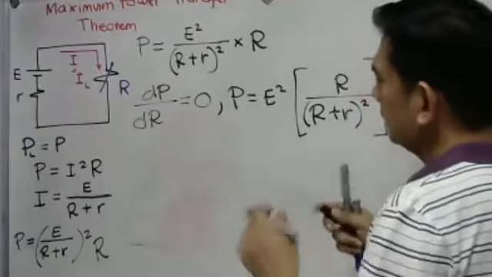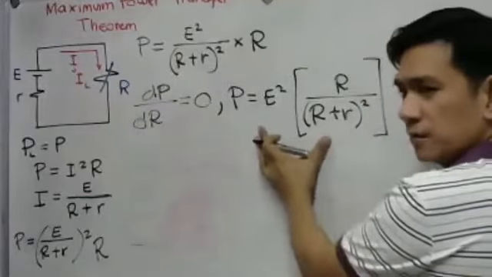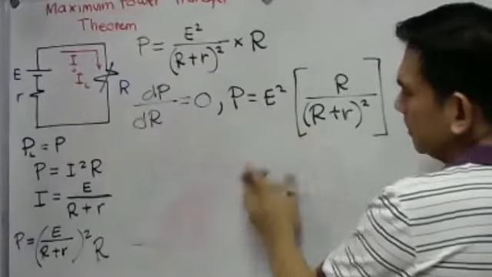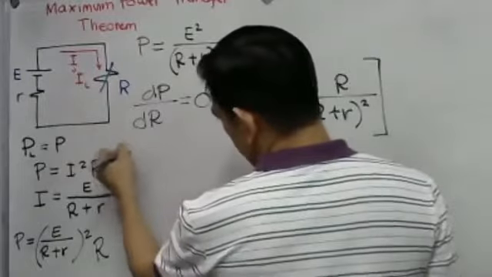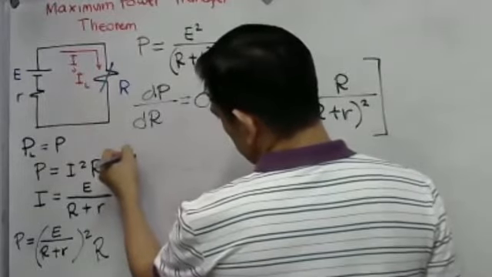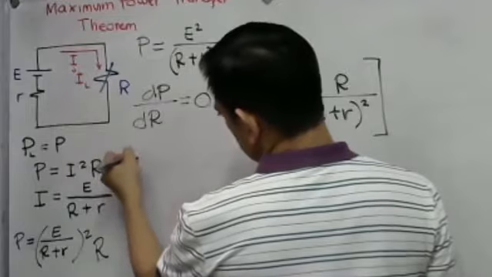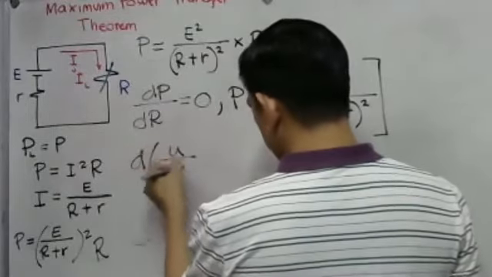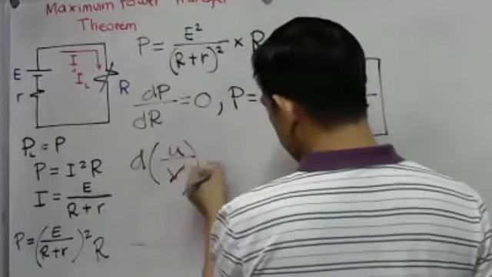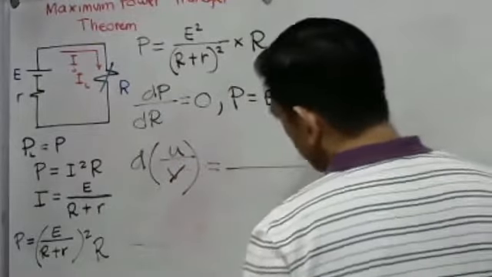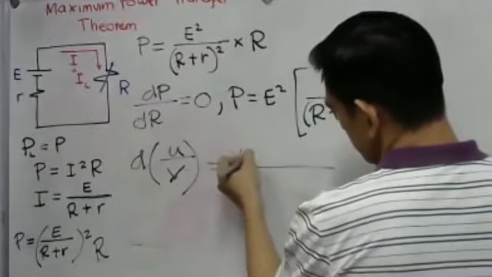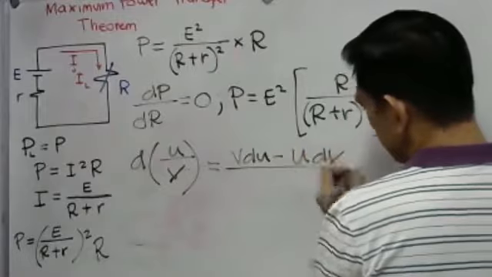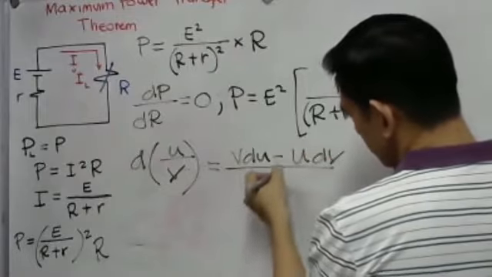Then we are going to take the derivative of this equation. This is actually the derivative of a quotient. What is the derivative of u over v? In differential calculus, that is equal to v du minus u dv divided by v squared.